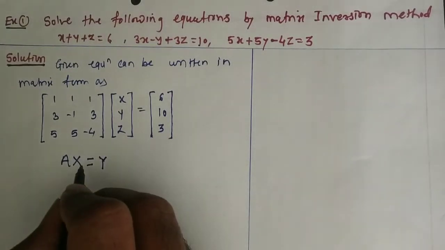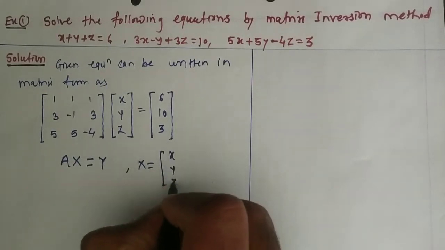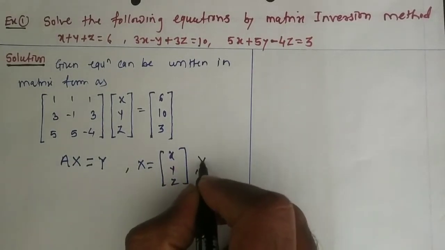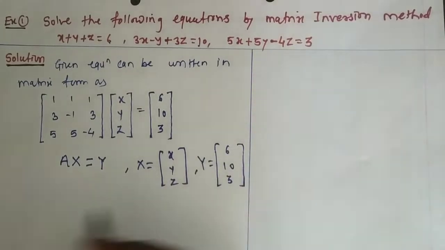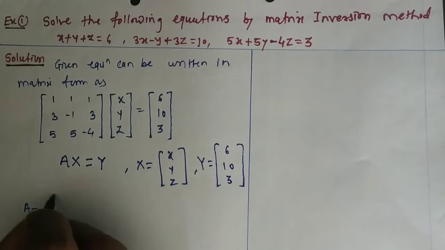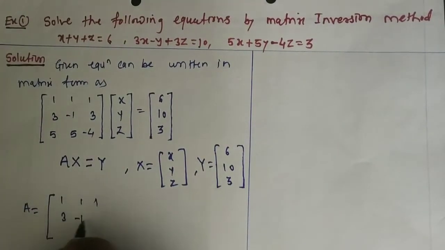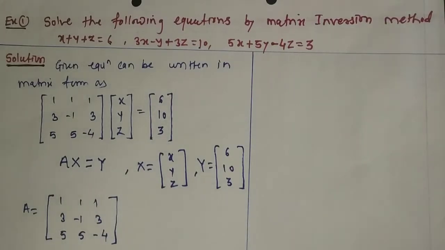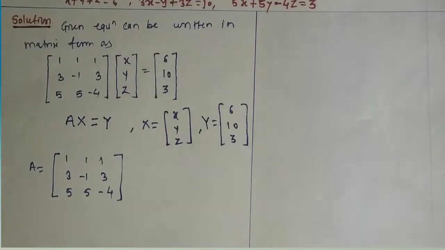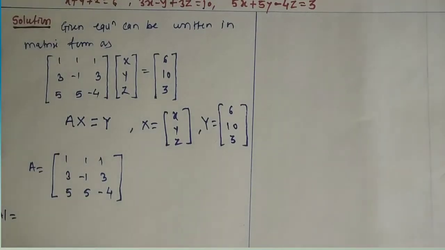So what I did, I substituted X variable as x, y, z and Y variable as 6, 10 and 3, and A is nothing but your matrix 1, 1, 1, 3, minus 1, 3, 5, 5 and minus 4. We have to find out the determinant of this matrix A.